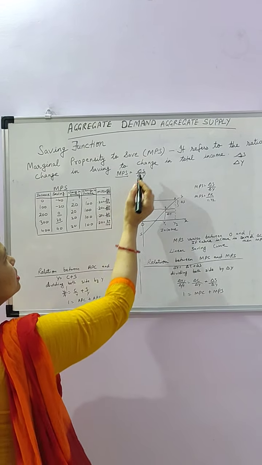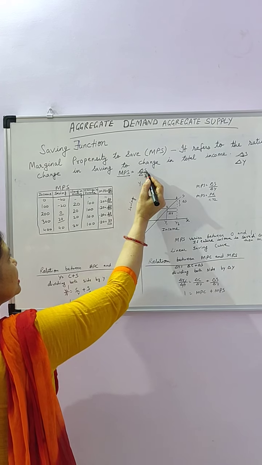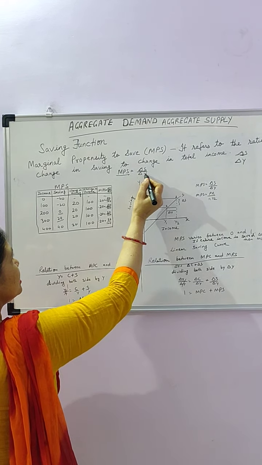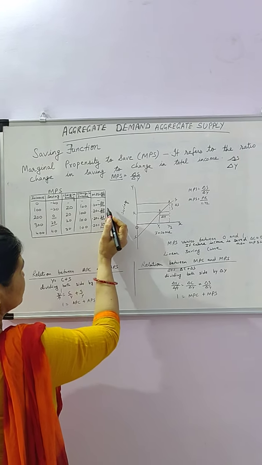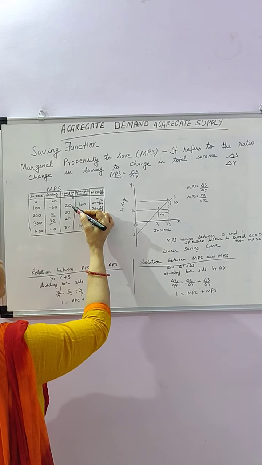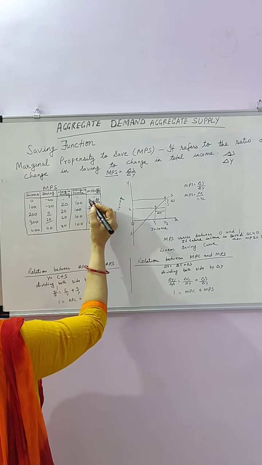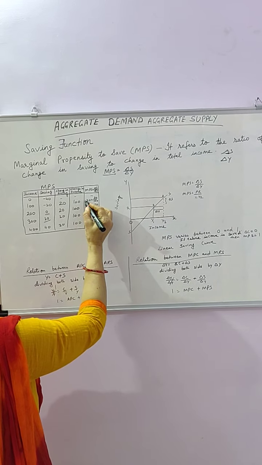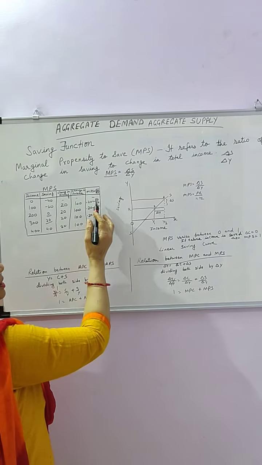The formula I told you to calculate MPS is change in S upon change in Y, that is change in saving because of change in income. So this is the ratio between the change in saving and change in income. Here the change in saving is how much? 20 crores upon 100 crores, that is 0.20, is your MPS. 20% of additional income people are using for saving.